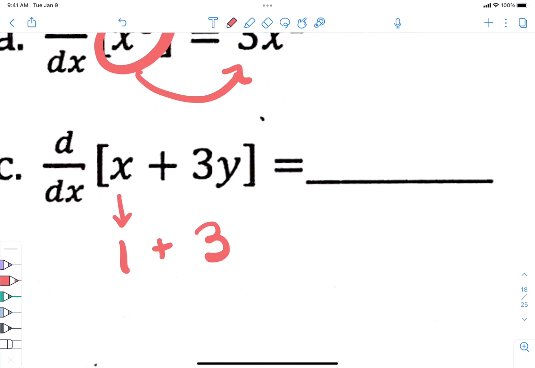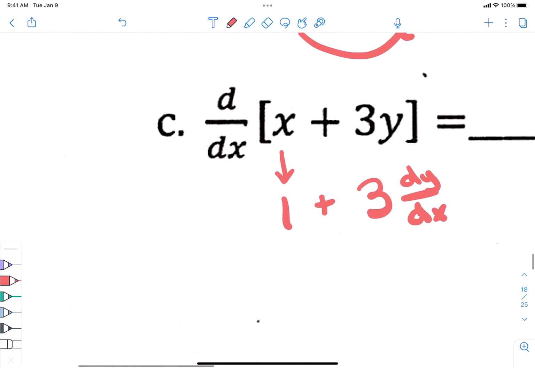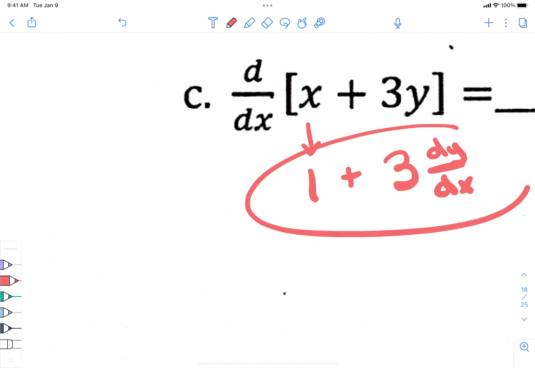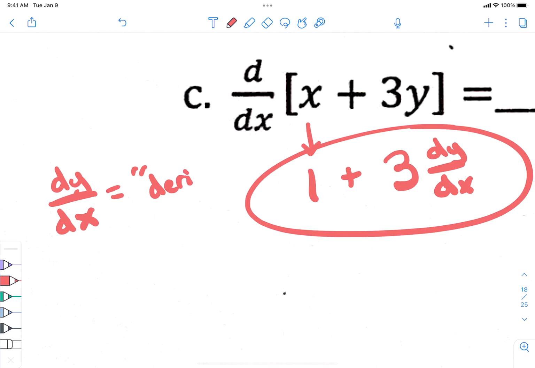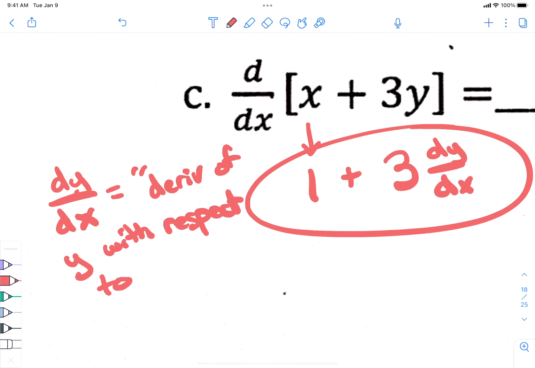But since we're taking the derivative of y, it's still 3, but every time we take the derivative of y, we have to tack on dy dx, because the derivative of y is dy dx, okay? And I set up above, Ellie, you were gone, but dy dx is saying the derivative of y with respect to x, because we can only take the derivative of one variable.